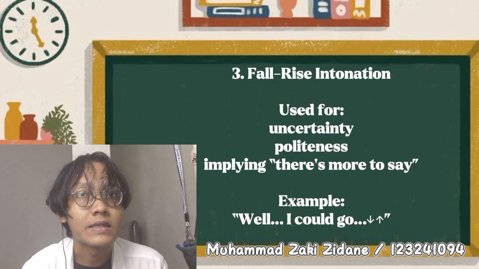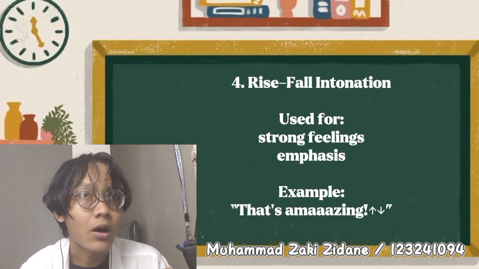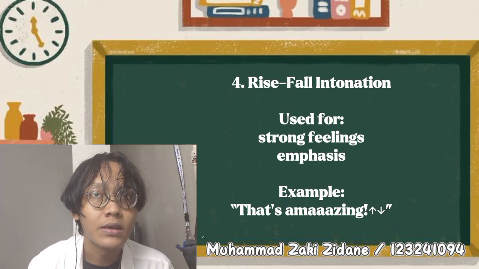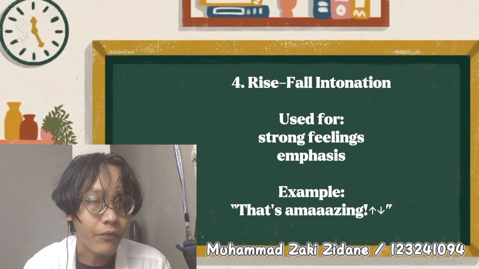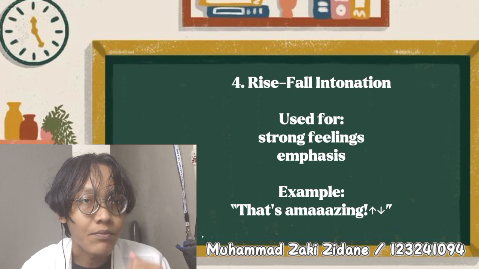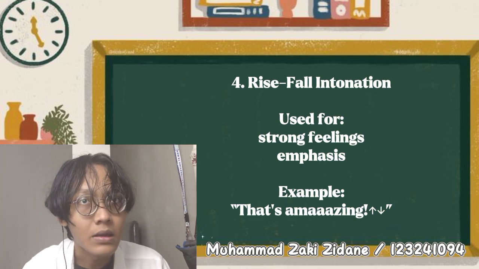Another pattern is the opposite of it, the rise-fall intonation, where this one starts high and then drops, and it's usually used to show strong feelings or emphasis. For example, it's like, wow, that's amazing. You see the rise and the fall here.